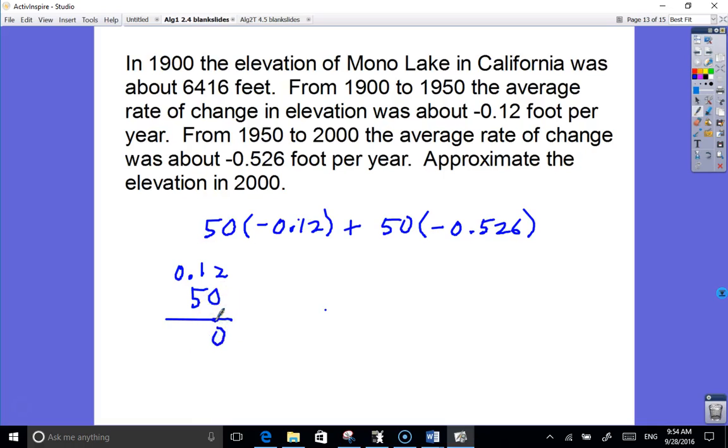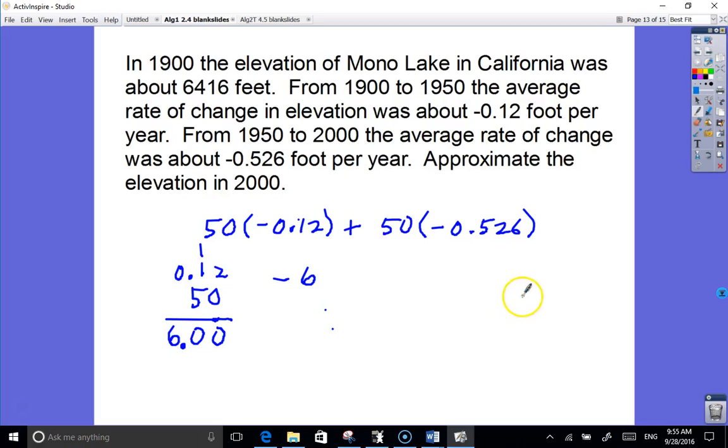It's going to be a 0. Okay, then we multiply times 5. 5 times 2 is 10. Carry the 1. 5 times 1 is 5 plus 1 is 6. Okay, now the 0.12 had the decimal over 1, 2. So we got to go over 1, 2. That's 6. Right? It's gone down 6 feet in the first 50 years.